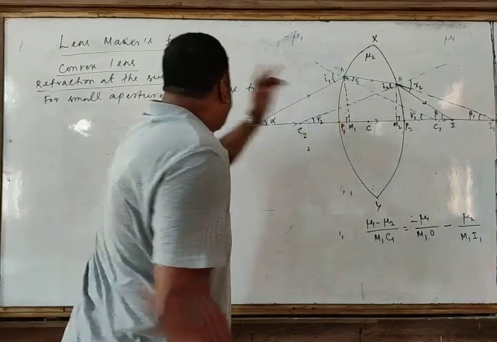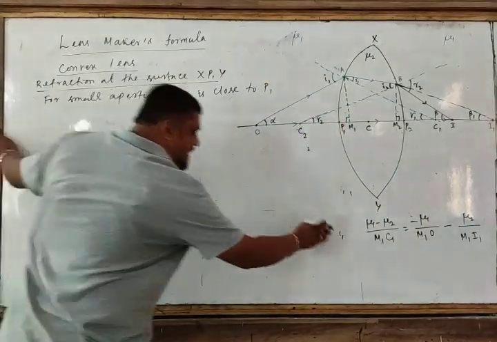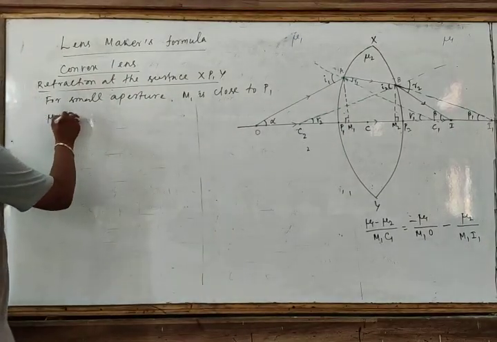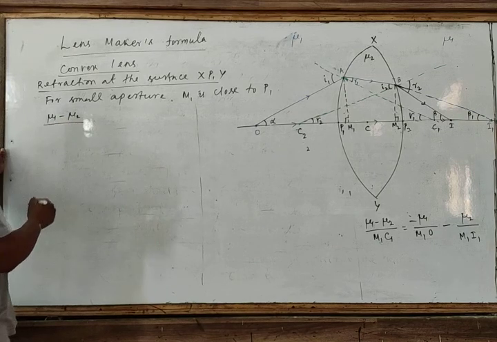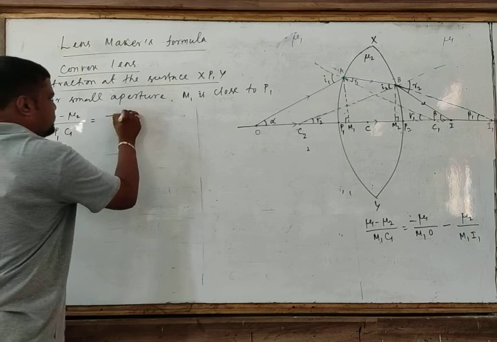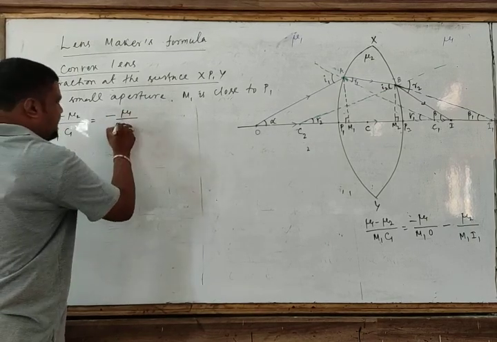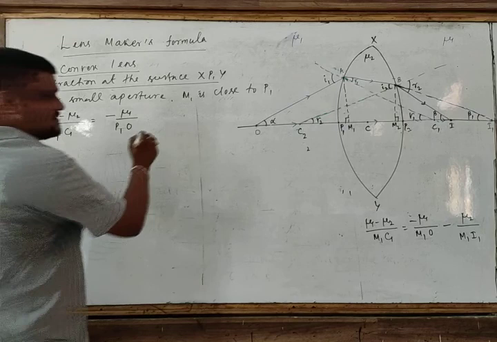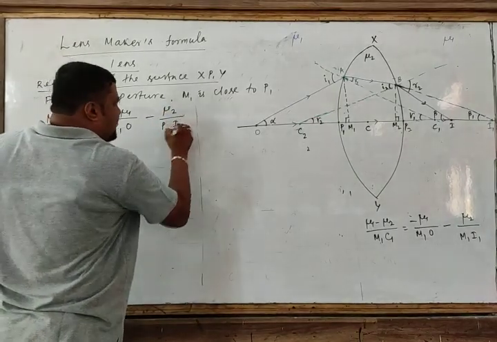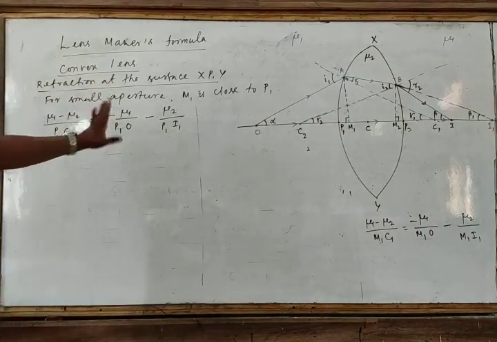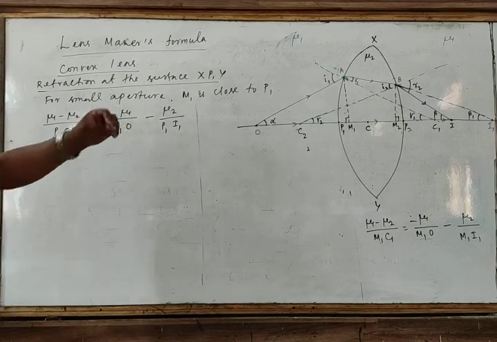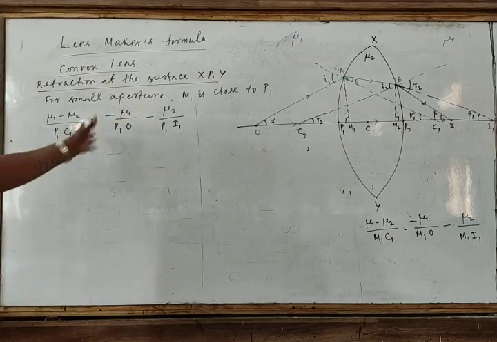So in place of M1, I will put P1, then I get mu1 minus mu2 divided by P1C1 is equal to minus mu1 divided by P1O minus mu2 divided by P1I1. This is the expression. Keep that. Don't put any values for P1C1, P1O, P1I1; no need to put the values, like u and v, yet.